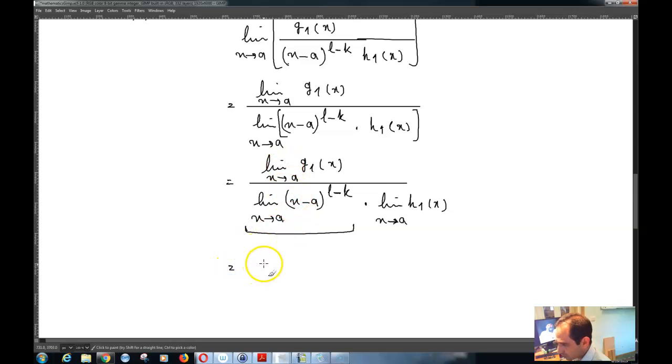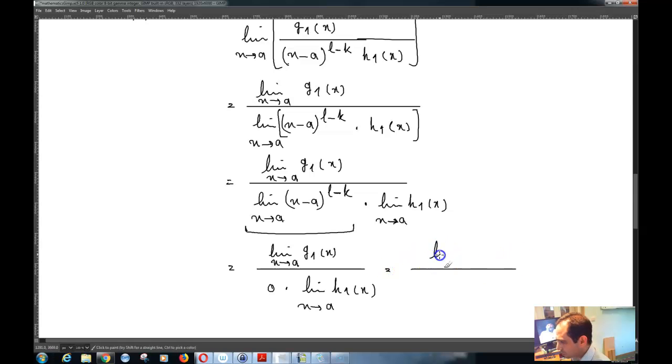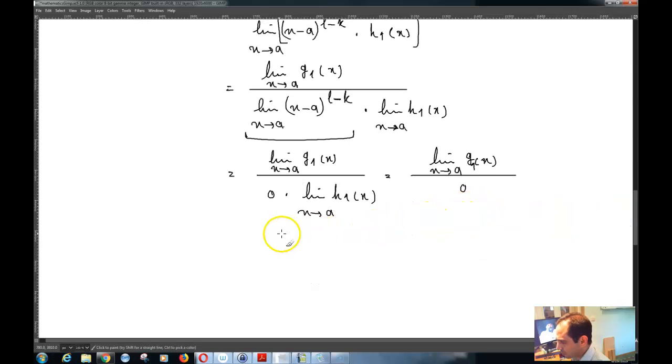So then you would have the limit of g1(x) as x tends to a over 0 times the limit of h1(x) as x tends to a, which is equal to the limit of g1(x) as x tends to a over 0. And in this case we say that the limit is not defined.